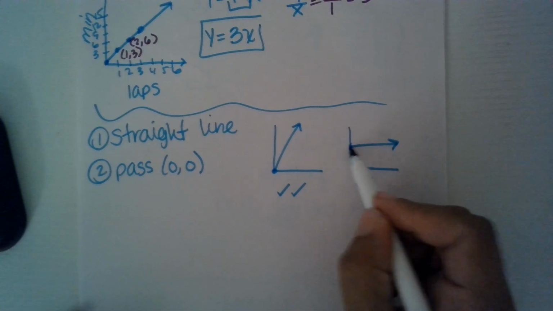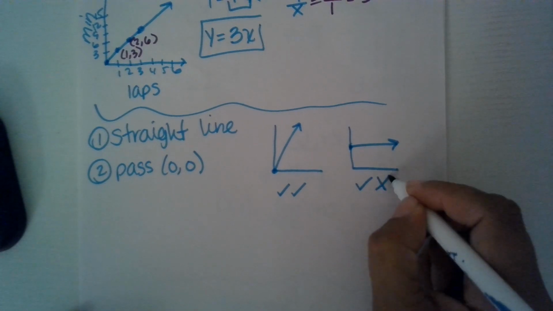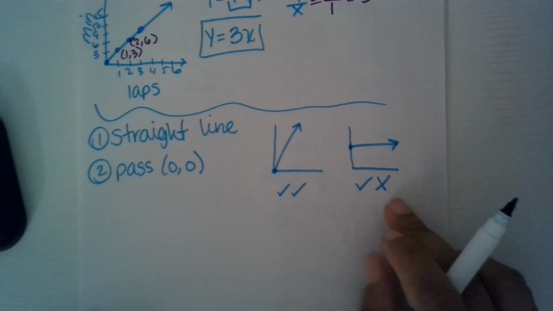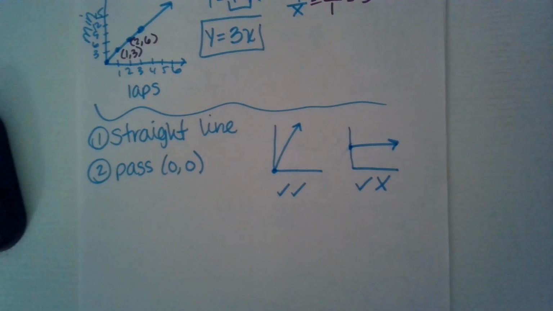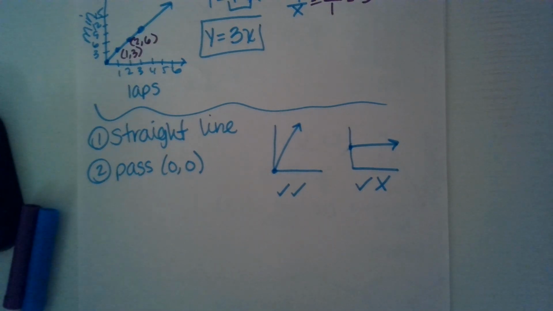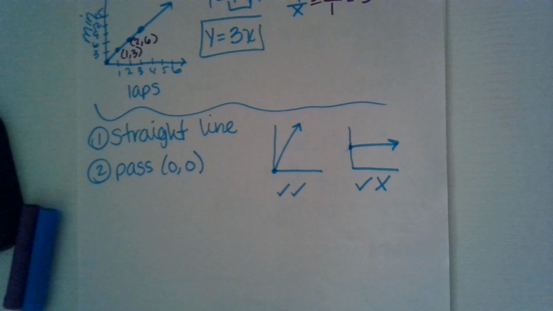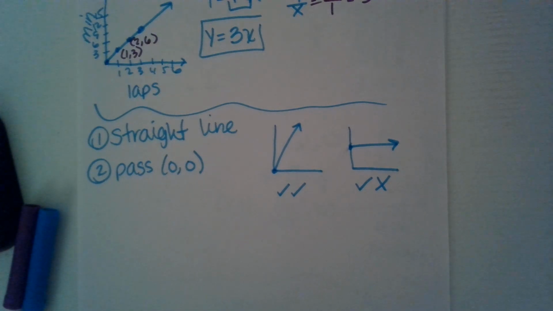It's all the way up here. It doesn't start down here. So because that condition is not met, this is not proportional at all. Okay? So I need you guys to also be careful with graphs. That's how you read it when determining what makes it proportional or what doesn't make it proportional.